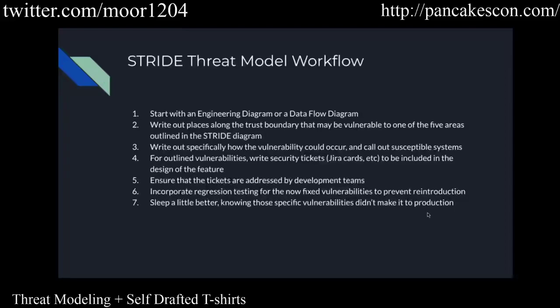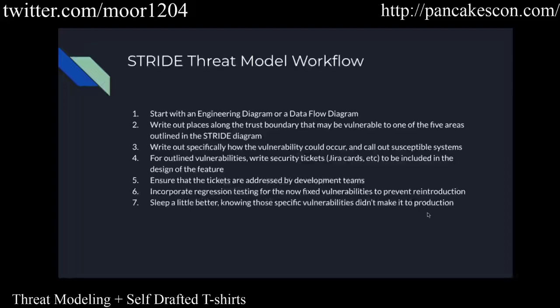We can go through the STRIDE model and ask: are there places where this could potentially be spoofed? Are there places where we're introducing the opportunity to be vulnerable to denial of service, for example? Then write out specifically how the vulnerability could occur and call out those susceptible systems that you've outlined.